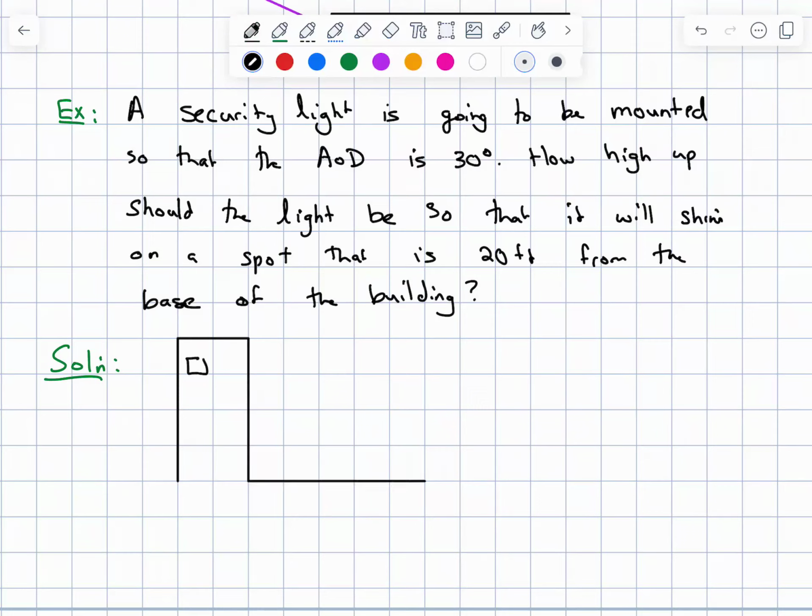So here's our building. And then you're placing this security light right here.